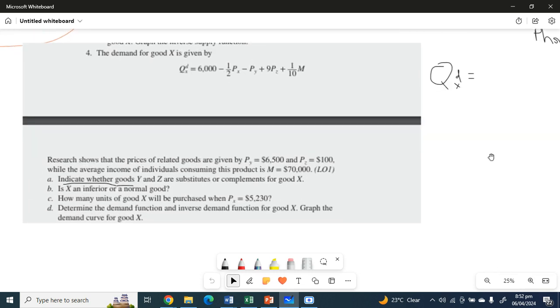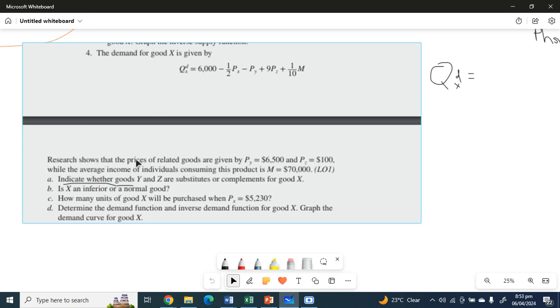Okay, so the question reads: the demand for good X is given by QD equals 6,000 minus half PX minus PY plus 9PZ plus 1 over 10 M. So what this is telling us is that the quantity demanded for good X is dependent on the price of good X, price of good Y, the price of good Z, and also the average income of the people within that area.